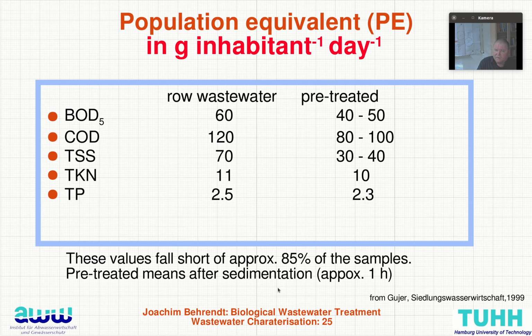Sometimes it is quite complicated to get data if you want to plan treatment plants or sewage systems. Here one quite good thing is to use the population equivalents. This also depends on the region of the world, but in Central Europe, normally every person produces per day 60 gram BOD, 120 gram COD, 70 gram total suspended solids, 11 gram total Kjeldahl nitrogen, and 2.5 gram total phosphorus.